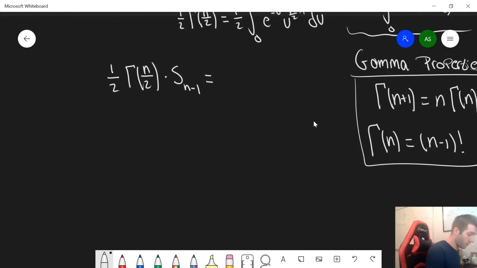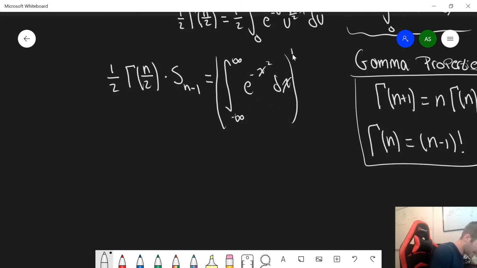This is, of course, equal to the integral from negative infinity to infinity of e raised to the negative x squared dx, and then parentheses raised to the nth power. Well, what is this? If we follow the approach that we have already described, this integral always seems to be some square root multiple of the previous one as you increase dimensions.